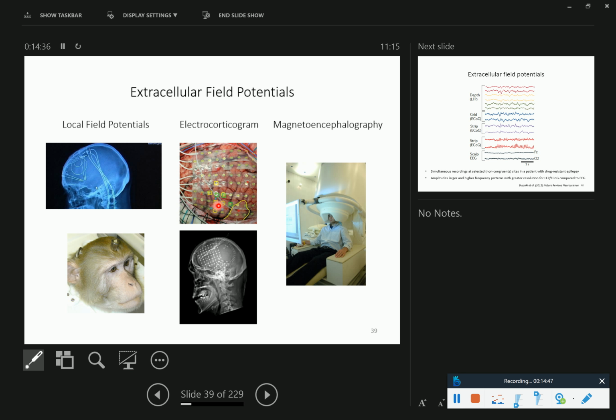So they had these grids on the monkey brain, which this, I think, is also a monkey, I would say, from the anatomy of the skull, where you can see this grid of what are always called subdural electrodes. So basically, you put EEG electrodes, essentially, that's what it is, not on the skull, but on the cortex after removing the skull. That's how that looks. And of course, we've seen MEG.